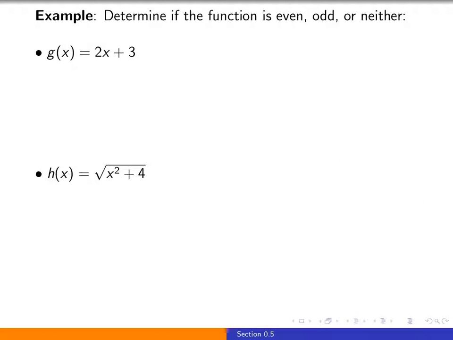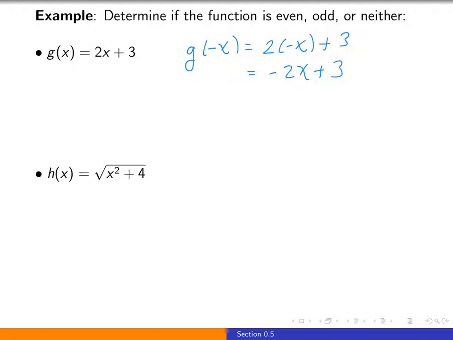So let's check a few more functions. So for the function g, we're going to do these same manipulations. So g of minus x, replace each x with the minus x. 2 times minus x plus 3, minus 2x plus 3.